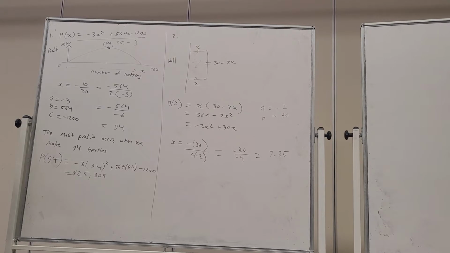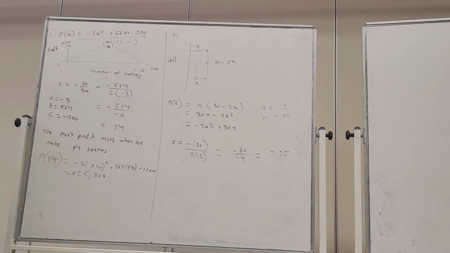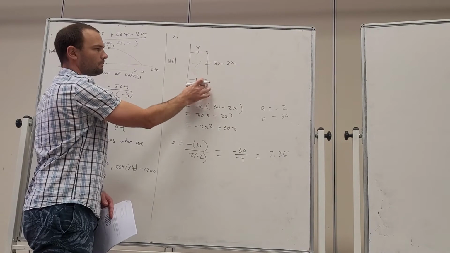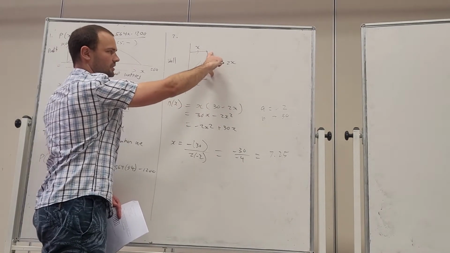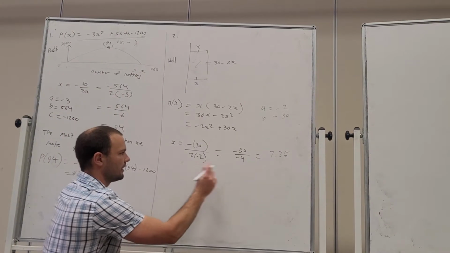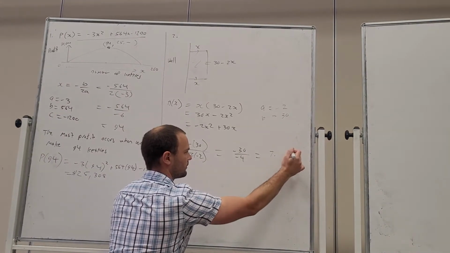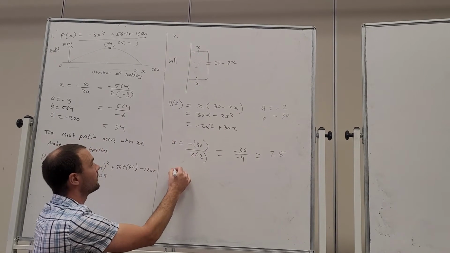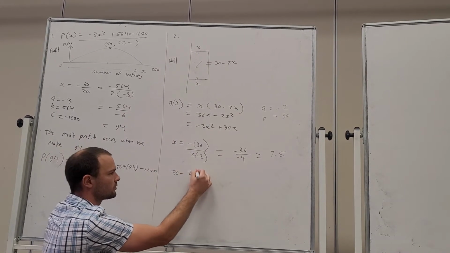But what does the question say? What is the optimal shape that generates the most area? So we've found the value of x, but let's state the dimensions, and then let's state the area that corresponds with those dimensions. So when x is 7.5, this length here is going to be 30 take 2 times 7.5.